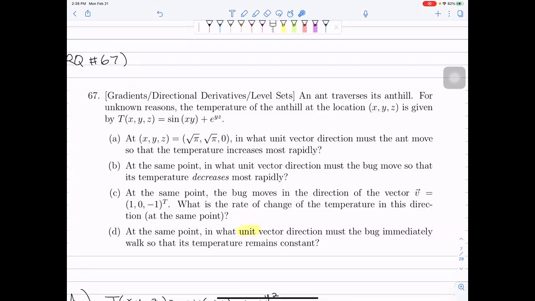Then if u is orthogonal to the gradient, then f does not change, meaning that if you have u here and the gradient of f, this angle is 90 degrees, and oh, I just erased it, but cosine of 90 degrees is 0, so that whole term would go to 0. So we want the directional derivative equal to 0.